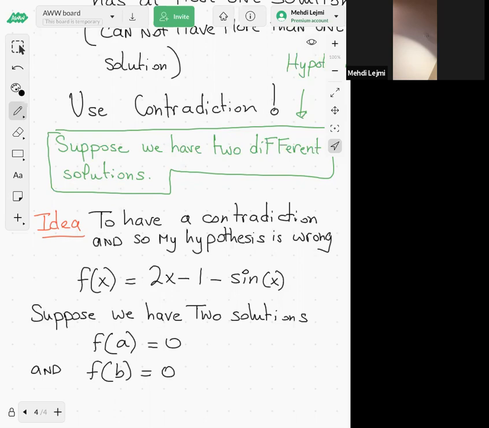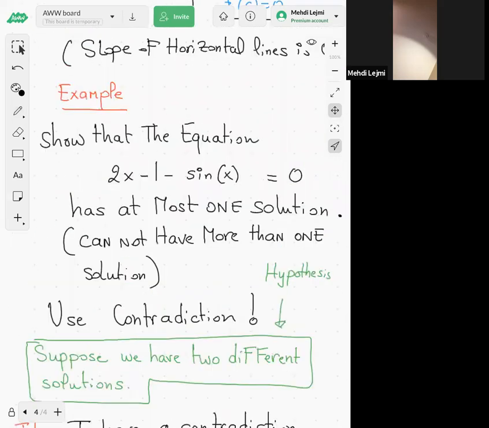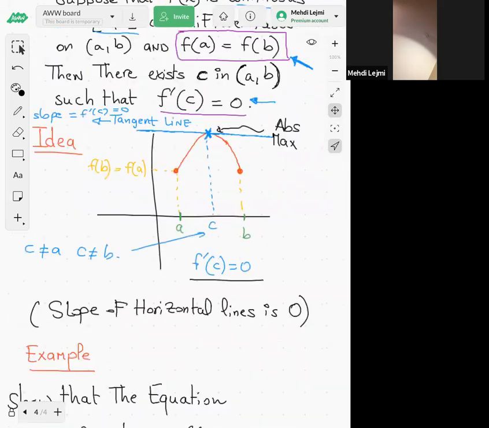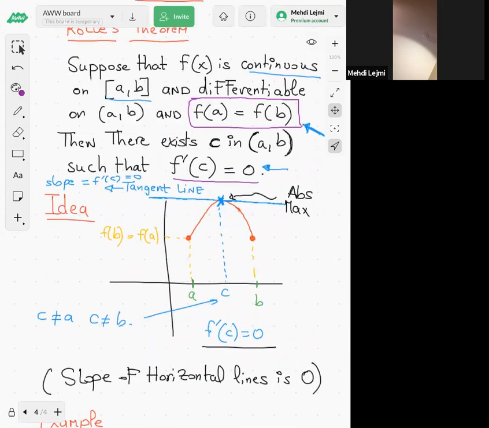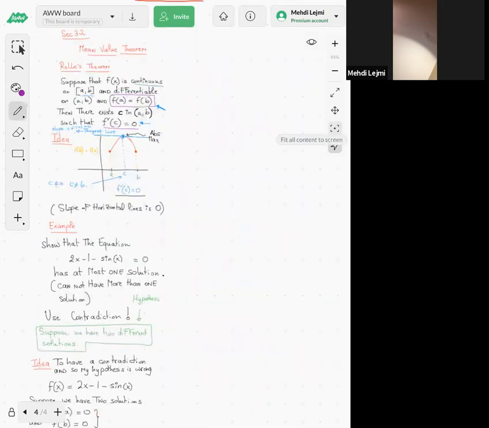All right, so I suppose I have two solutions, f of a equal to 0 and f of b equal to 0. So here you see, guys, f of a is the same as f of b. So this is like in my Rolle's theorem, right?